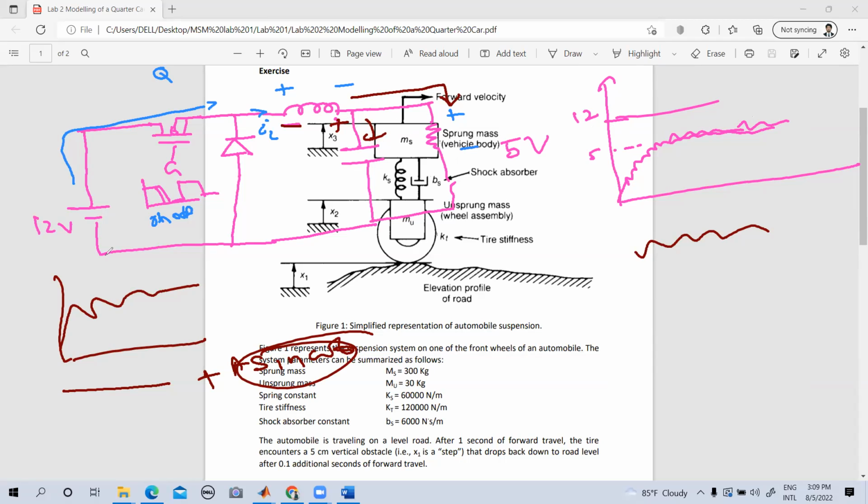If you model this system, you will once again get a second order system if it's an RLC circuit like this, and if it's an RC circuit, you will get a first order, right? So once again, you can get the transfer function, model this, simulate it, and find out for what particular inductance and capacitance you get the most optimum system, where the transient is low.